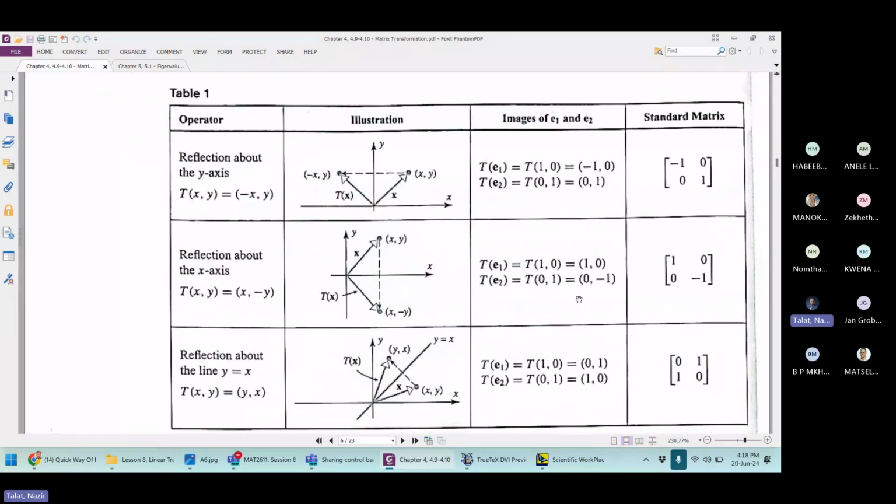Then there are some examples of transformations, and we can also get their standard form. For instance, take a reflection about the y-axis. T of (x, y) is an operator from R2 to R2, because it takes elements from R2 and gives elements in R2. It just maps (x, y) to (minus x, y). How can we get its entries?